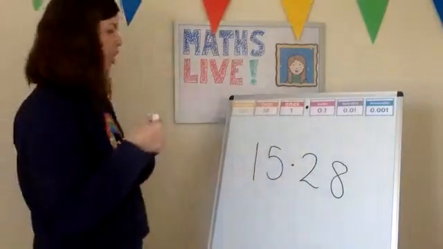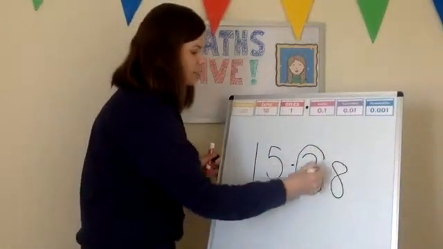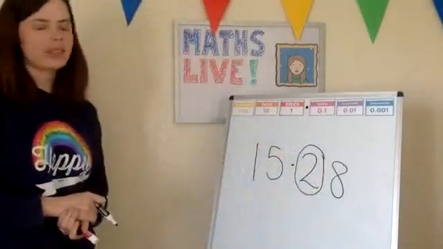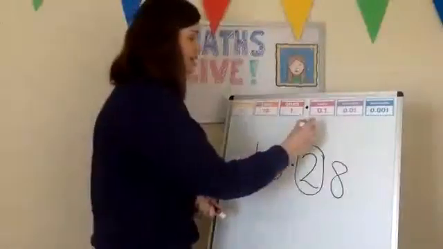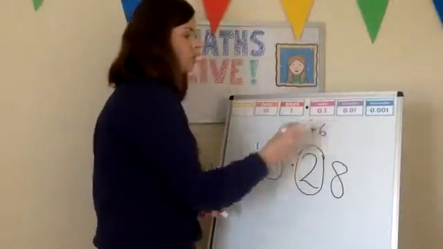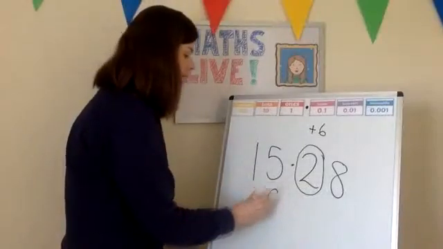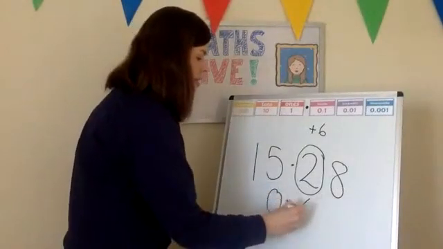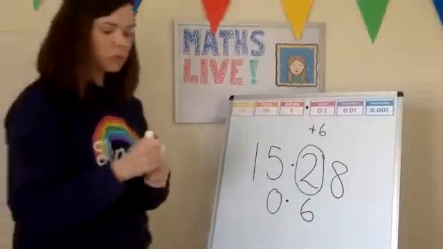So this is the tenths column. The first thing you need to do is spot the tenths, okay? And we're going to add 6/10. So you're actually adding 6 to the tenths column. Or what you can do is add 0.6. Okay, doesn't matter which way you do it.